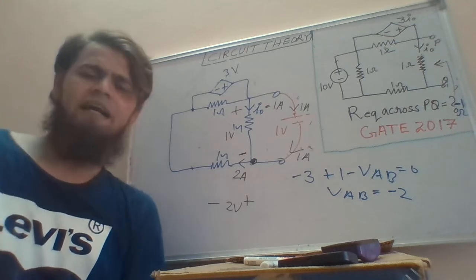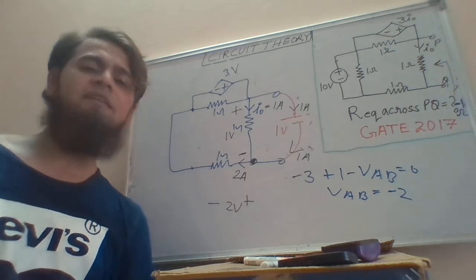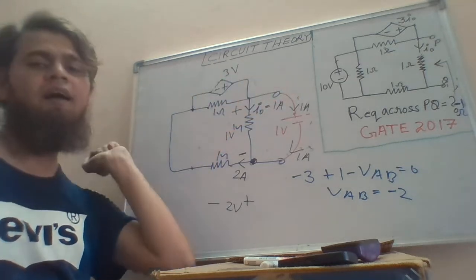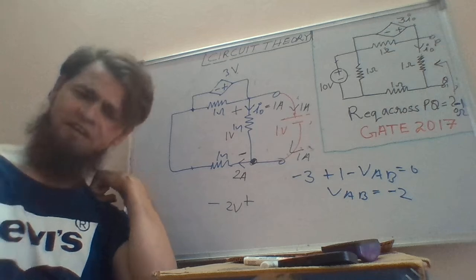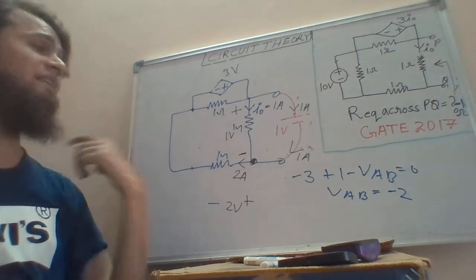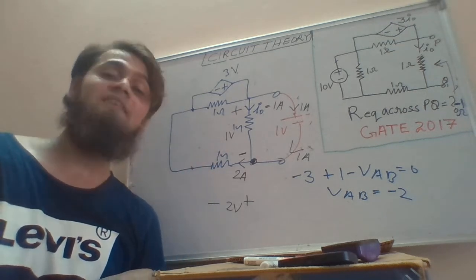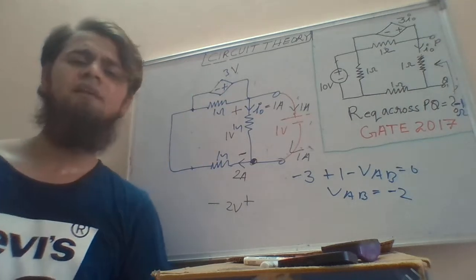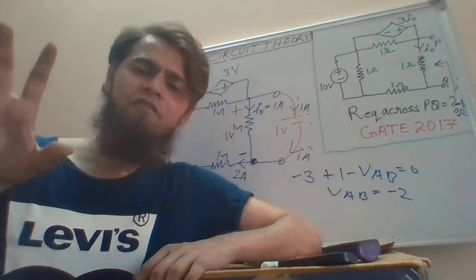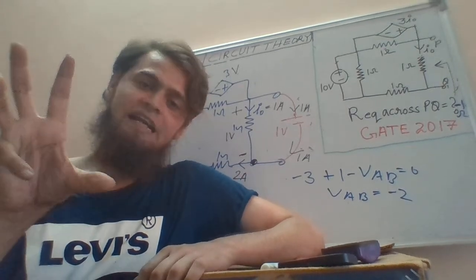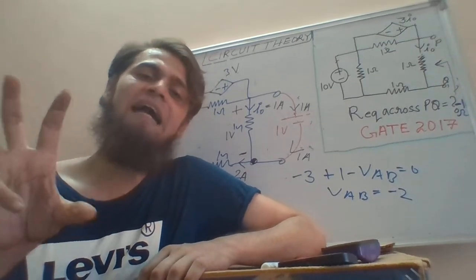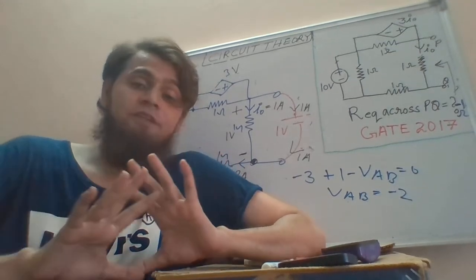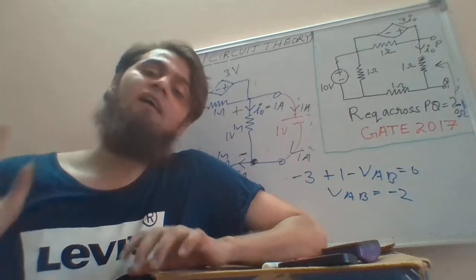You might get negative, you might get positive equivalent resistance, who knows. This dependent battery might overtake the external battery or might not. If it overtakes, then you will say that the equivalent resistance is negative. If it doesn't overtake, you will say that the equivalent resistance is positive. So folks, if your circuit has a dependent battery or dependent source, then you are not sure. You cannot say anything, you have to check it.